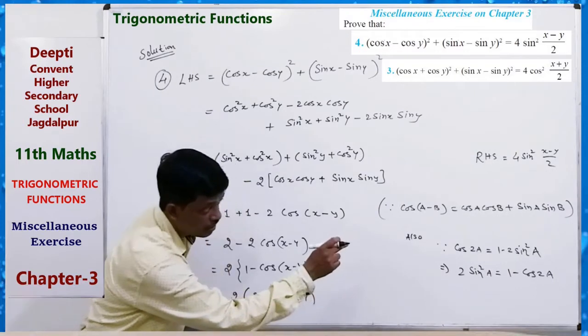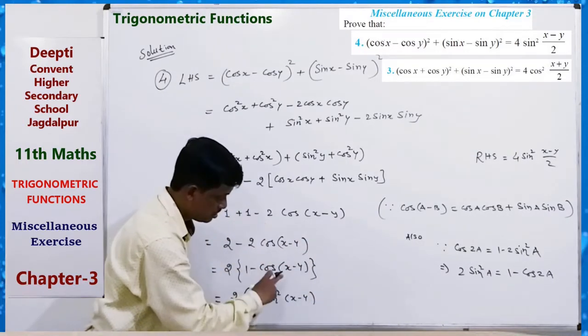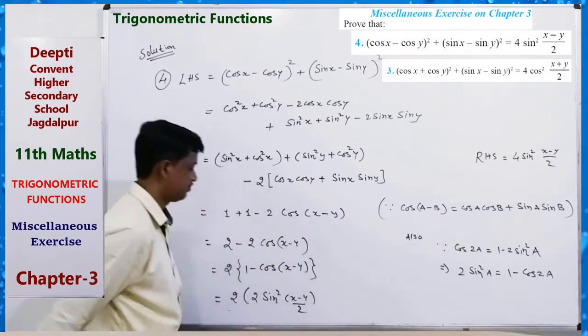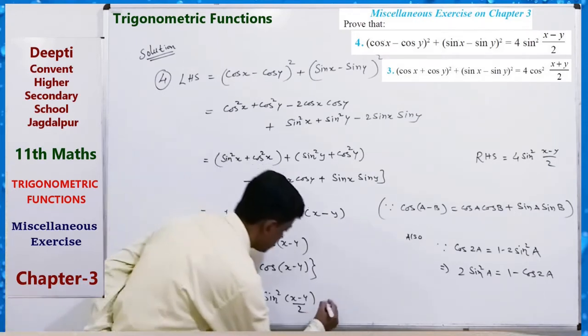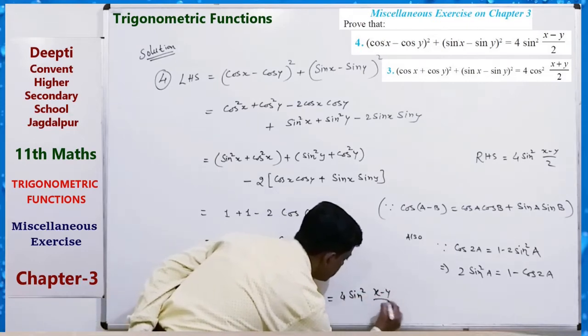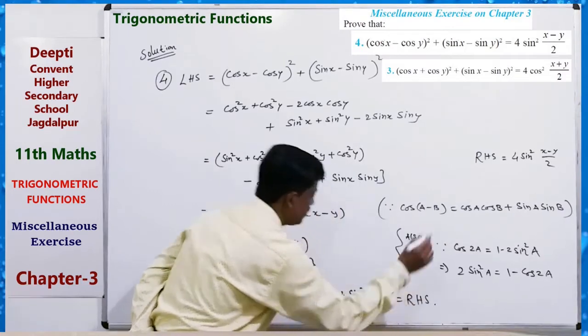So this is the answer: 4 sin square of (x minus y) by 2, the right hand side. Clear?